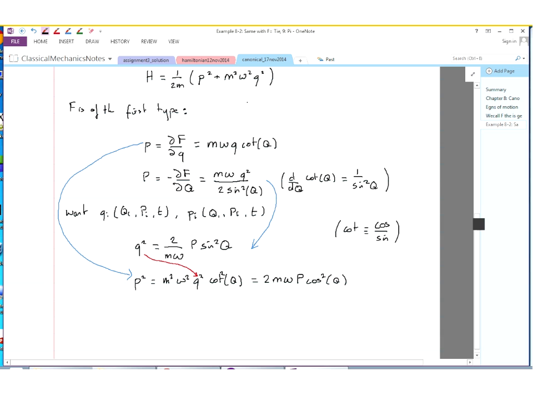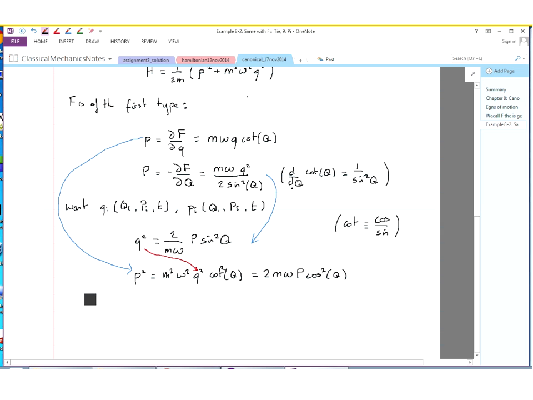Now, K is equal to the Hamiltonian plus the partial derivative of F with respect to time, but F doesn't depend on time. So K is just equal to the Hamiltonian, but expressed in the new coordinates, right? So the Hamiltonian was equal to 1 over 2m times p squared plus m squared omega squared q squared, right?